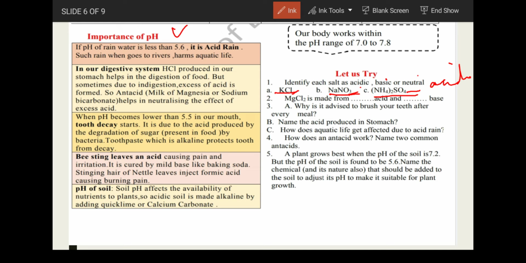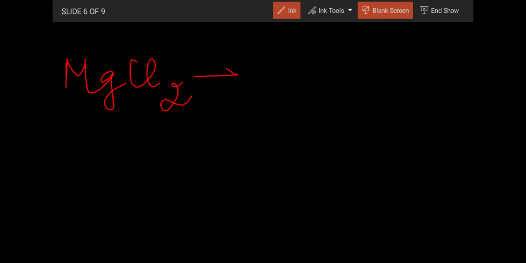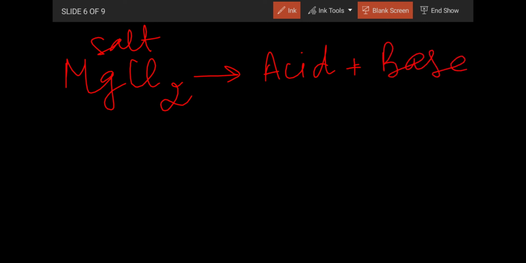Another question is MgCl2 is made up of an acid and a base. Which acid and which base? As we see here, MgCl2, magnesium chloride, it is a salt, and it must be formed from an acid and a base.